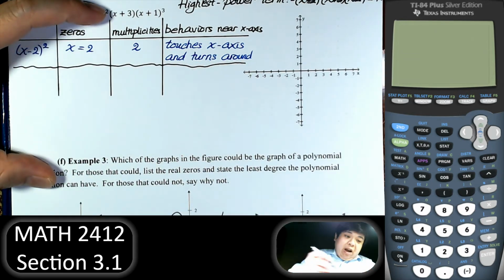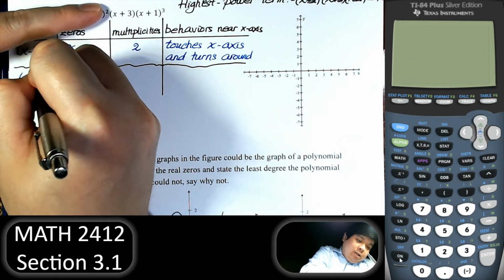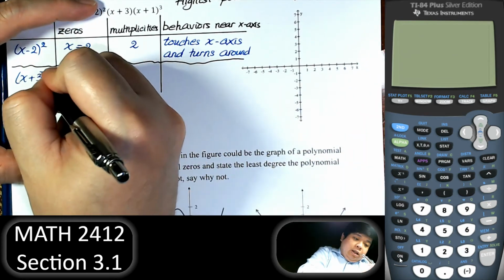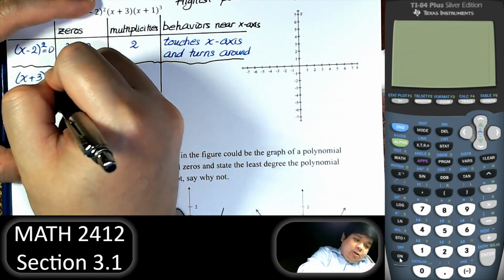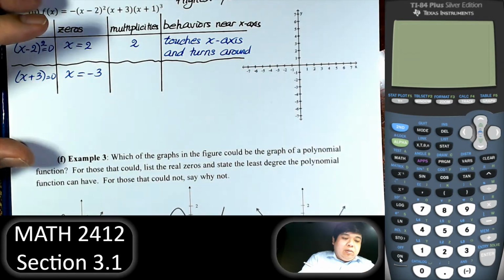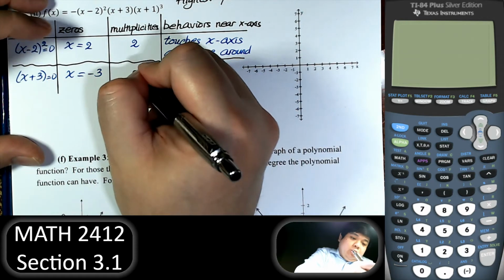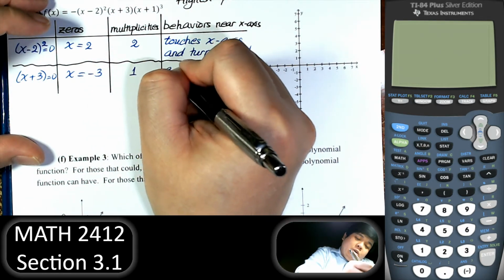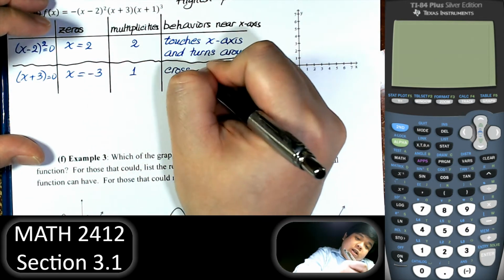And then next we have the factor of x plus 3. Make that equal to 0. So x equal to negative 3, multiplicity of 1, and that will cross the x-axis.